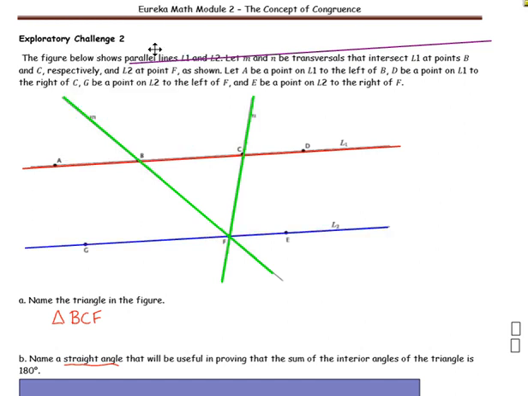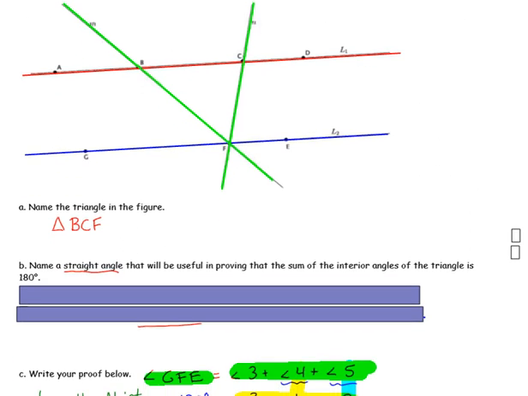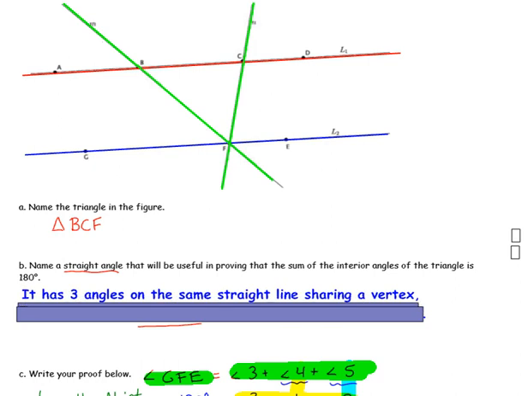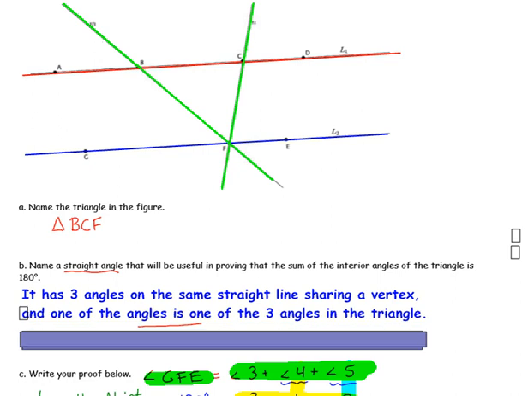So that's the line that we're going to use. When you're looking for a straight angle that's useful, it should have 3 angles on the same straight line sharing a vertex, and one of the angles is one of the 3 angles in the triangle. And that would be this angle right here.